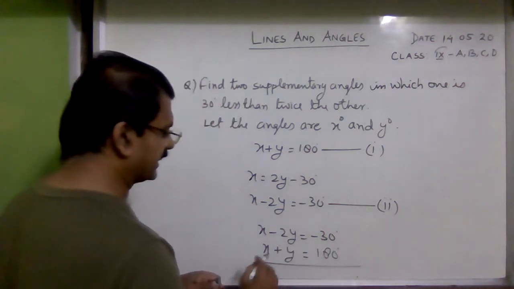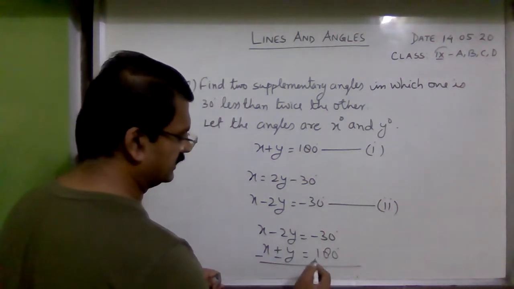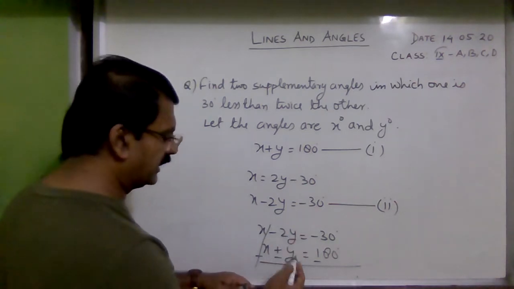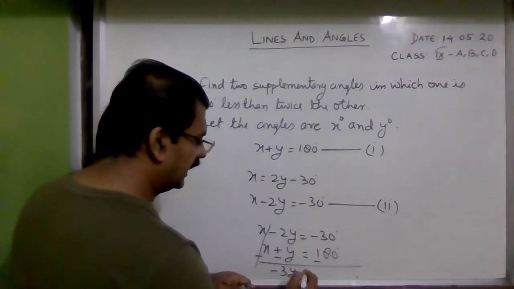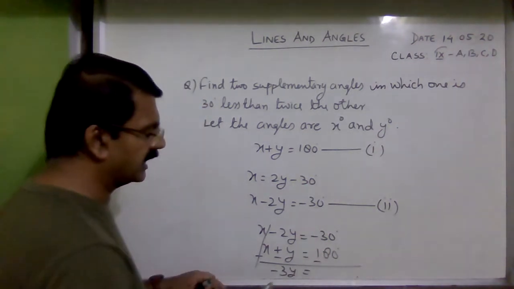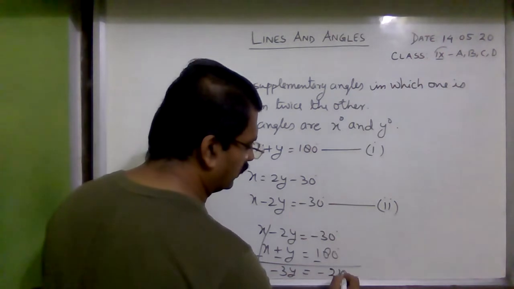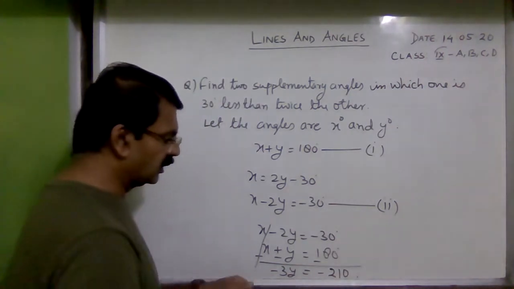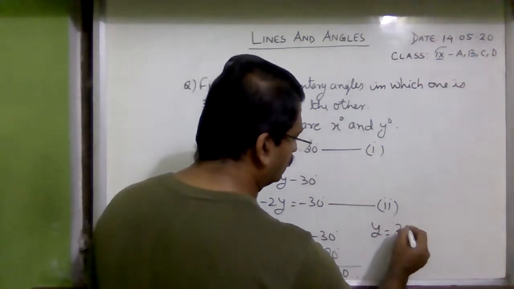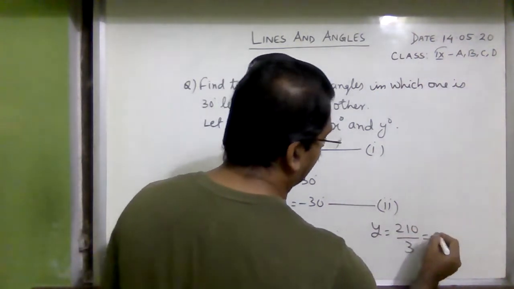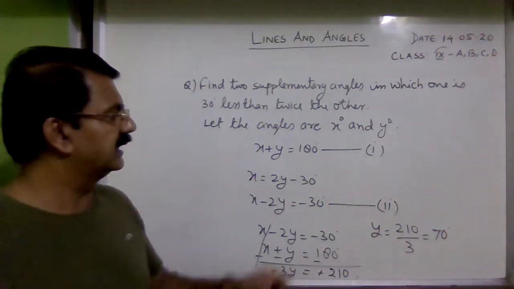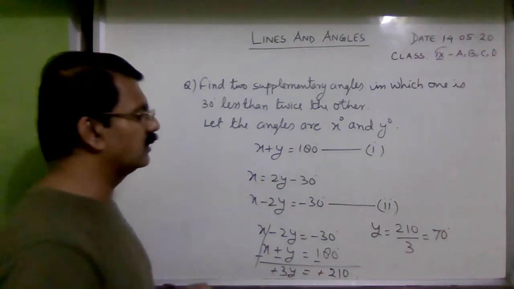Now you change the sign, x minus x cancels out, minus 2y minus y will be minus 3y is equal to minus 30 minus 180, which is minus 210. So minus can be cancelled. Y will be equal to 210 upon 3, that is equal to 70 degree. So we have found y is equal to 70 degree. Now we will put y is equal to 70 degree over here.